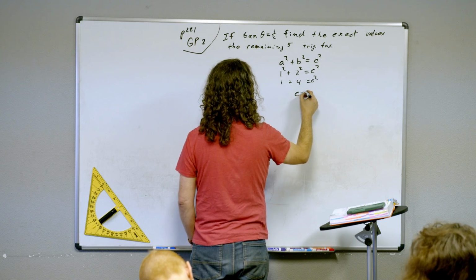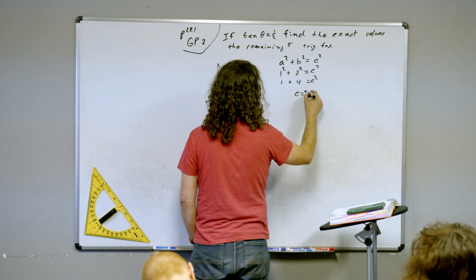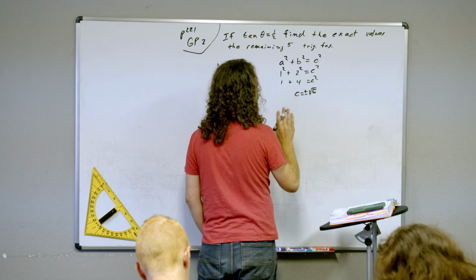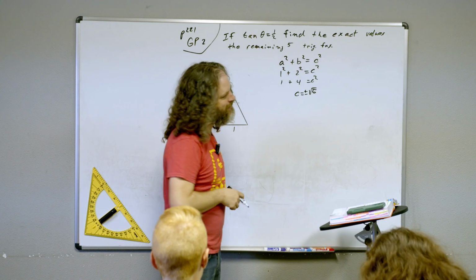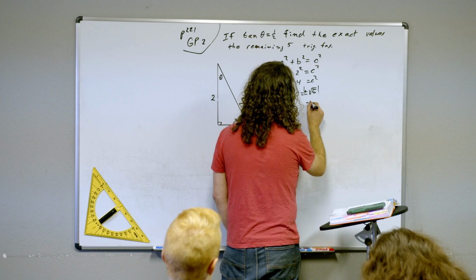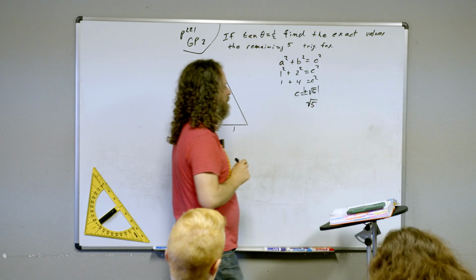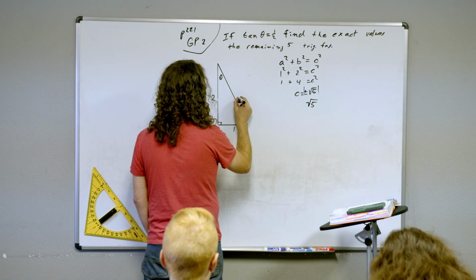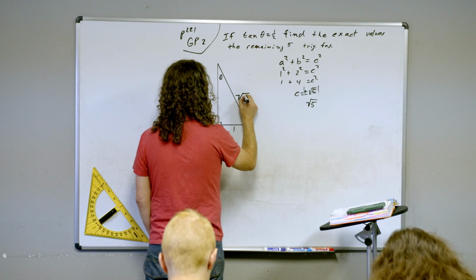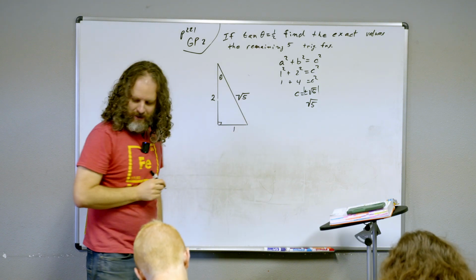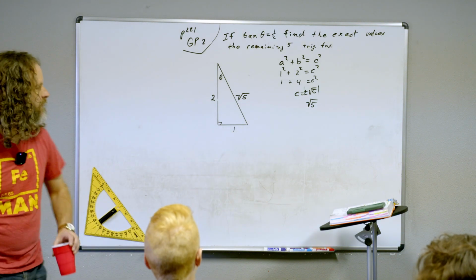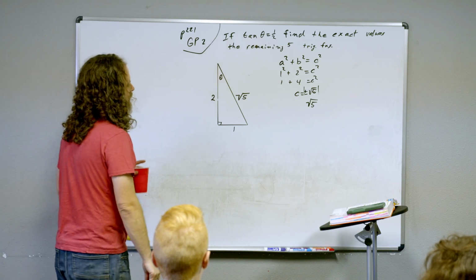C equals plus or minus, technically, the square root of 5, don't want to forget that, but we're talking about distance, so really only the plus. If it was talking about displacement, it could be negative, but we are not. We throw out the negative one by taking the absolute value.